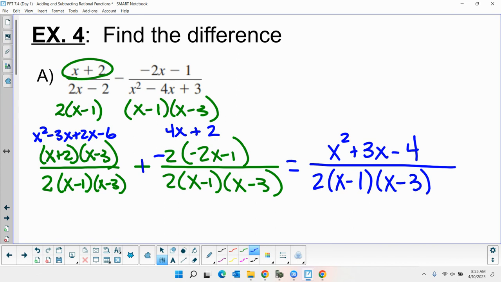Are there factors of negative 4 that add up to positive 3? There is, right? What are they? 1 and 4. Which one's positive, which one's negative? No. 4 and negative 1. Positive 4 and negative 1, right.